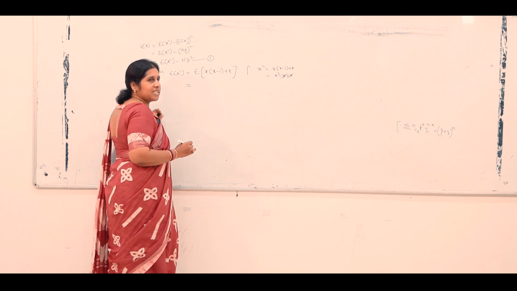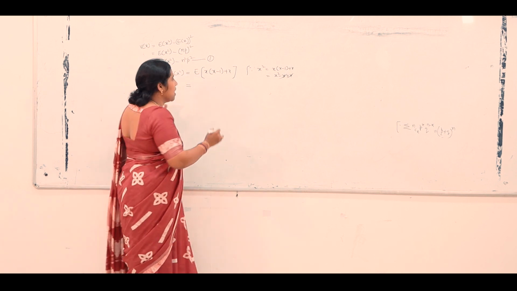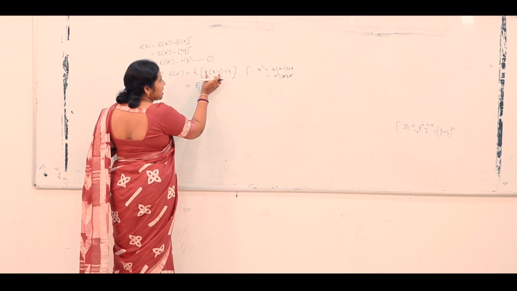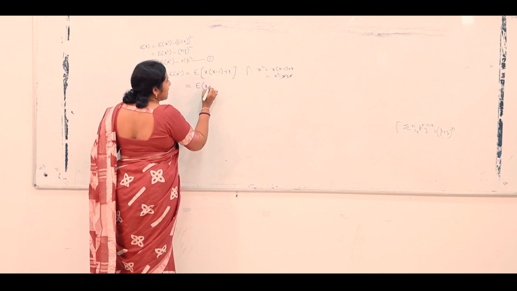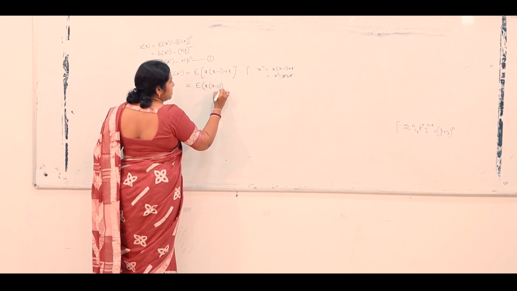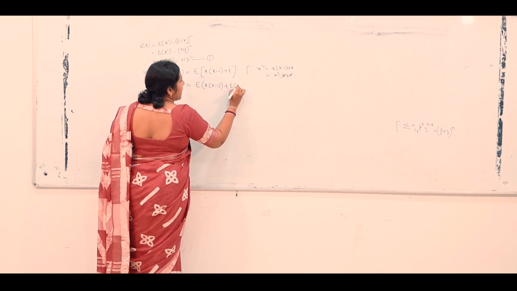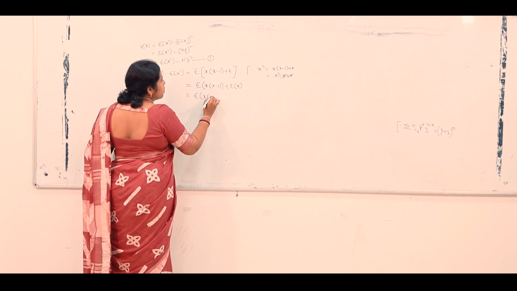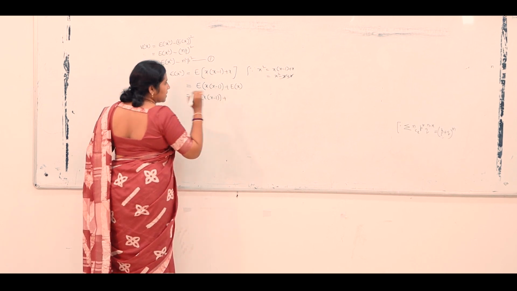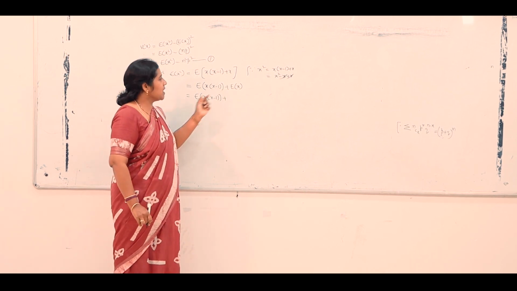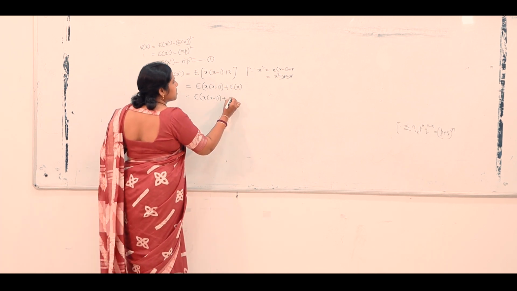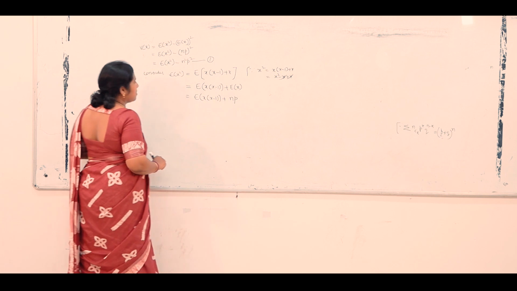You have studied mathematical expectation in the previous semester. So using the addition theorem of mathematical expectation, expectation of first term plus expectation of second term, which is nothing but expectation of x into x minus 1 plus expectation of x. What is expectation of x? That is the mean of binomial distribution, which is nothing but NP.